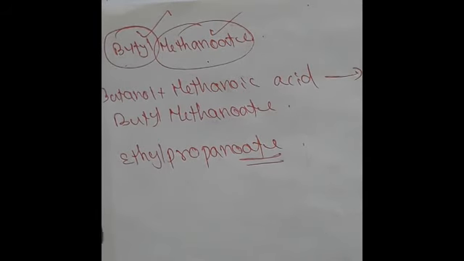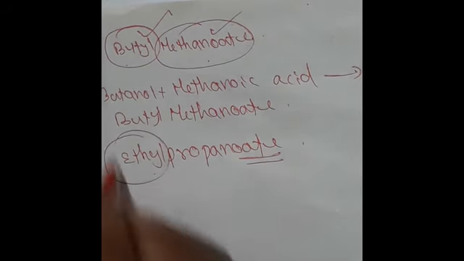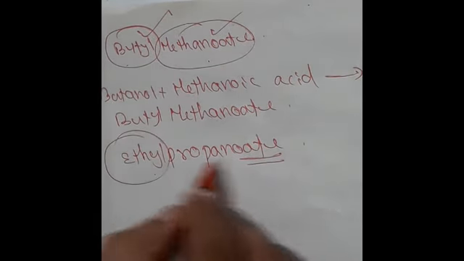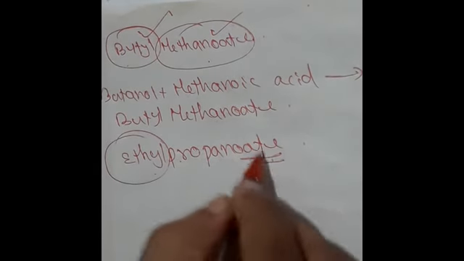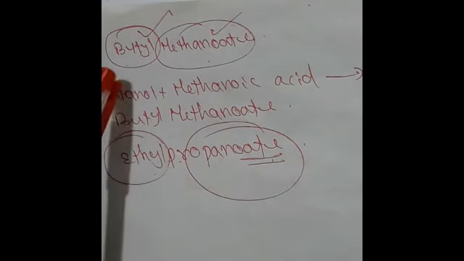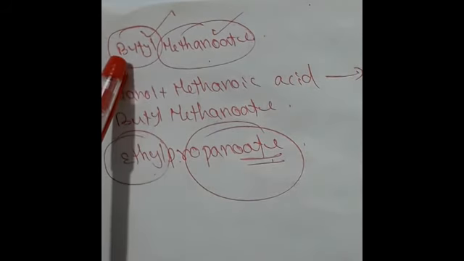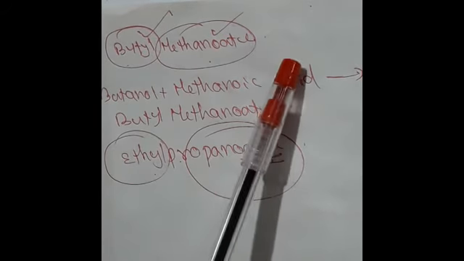Ethyl propanoate. Ethyl means it is the alcohol part. Propanoate means it is the carboxylic acid part. Same as before, in butyl methanoate, butyl means alcohol, butanol, and methanoate means methanoic acid.